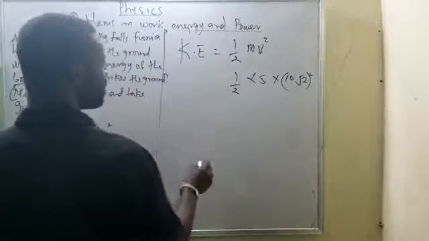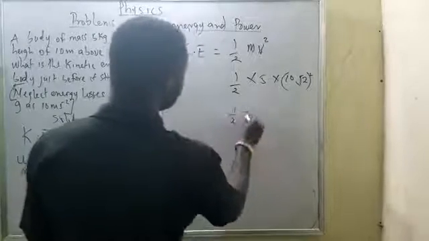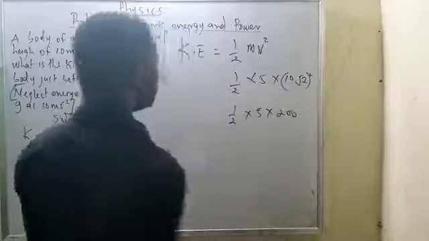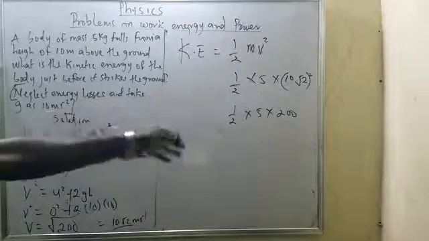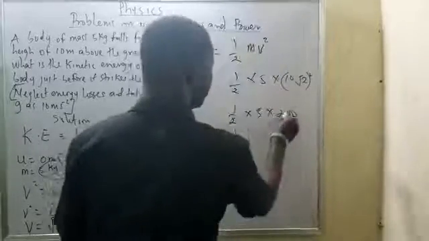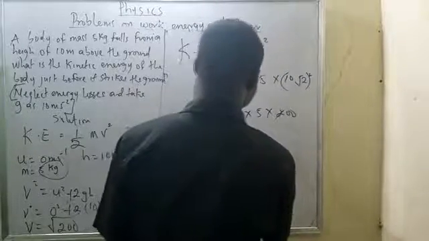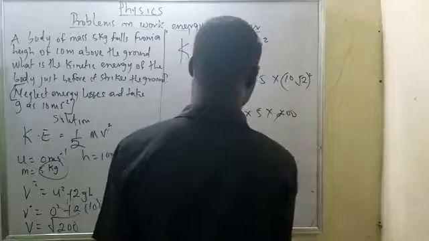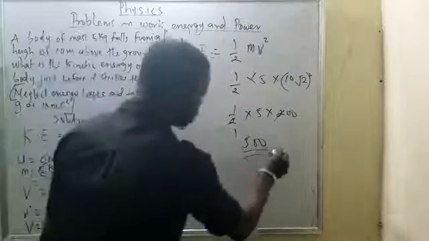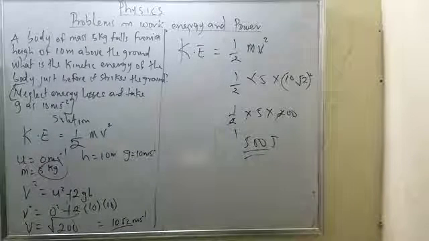Which gives 1/2 multiplied by 5 multiplied by 200, because root 2 squared is 2. Here 1, here 100. It means the answer will be 500. What is the SI unit of it? Joule. 500 joule.